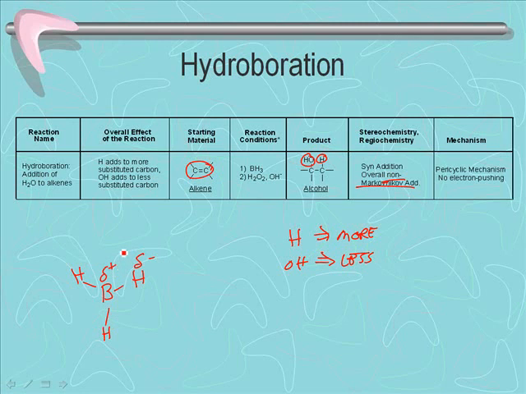So that's the first reagent, and that first step is often run in a solvent like tetrahydrofuran, THF. The second step involves the use of hydrogen peroxide, and as we know, hydrogen peroxide is a powerful oxidizing agent, and it's used in the presence of base. And so it's this reagent that actually introduces the OH portion onto the carbon, leading to the formation of our alcohol.